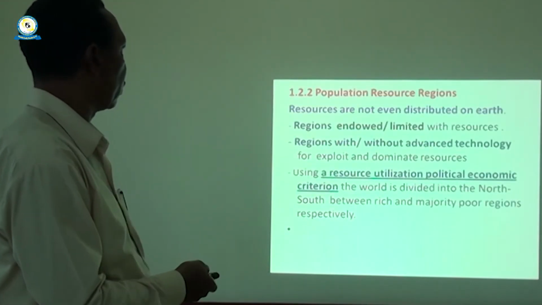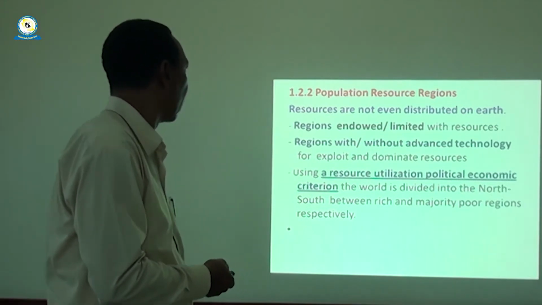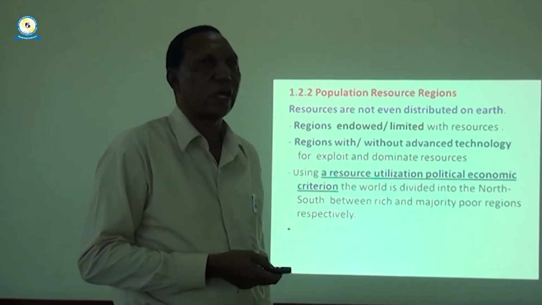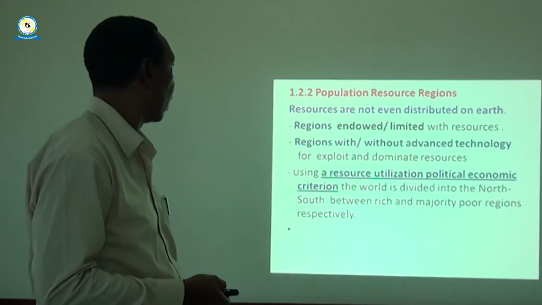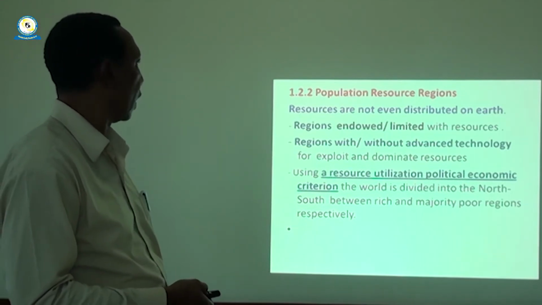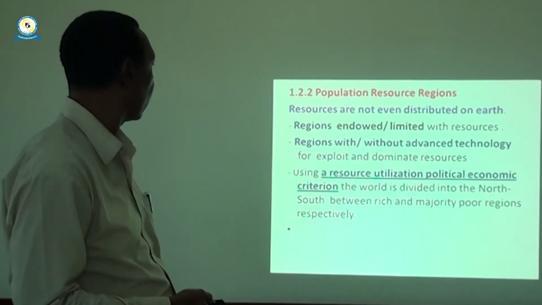Now, population and resource regions. You see, resources are not evenly distributed on the earth. We have regions which are rich in resources, and we have regions which have limited resources. Here we are referring to the natural resources.